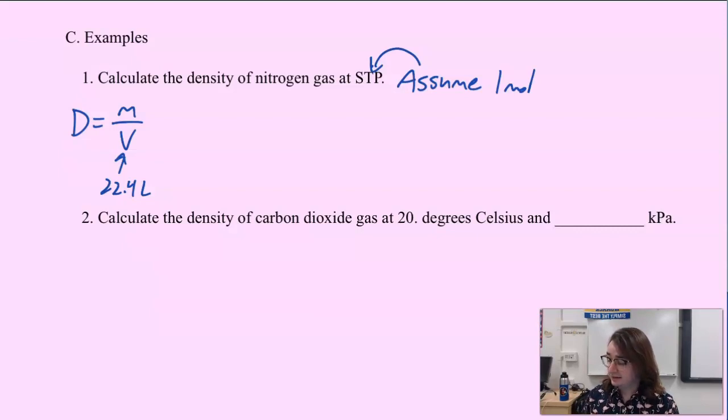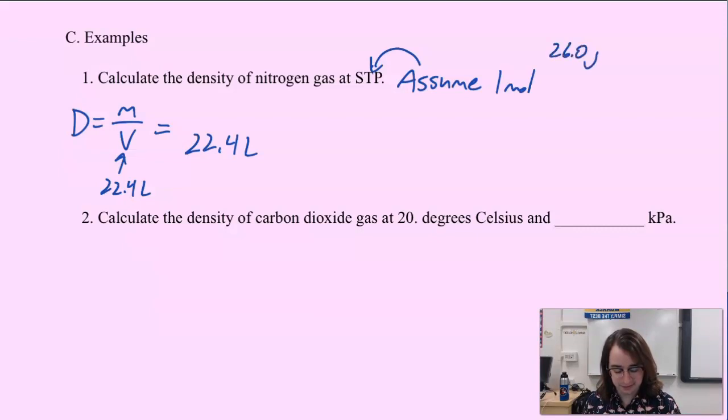So now let's think about another thing. We got to figure out mass. So we know what we can do for liters, right? We have that 22.4 because we know that for every 1 mole we have 22.4 liters. For every 1 mole, how many grams of nitrogen do we have? Well, we could use molar mass. If we assume that we have 1 mole, then we can figure out molar mass from the table.